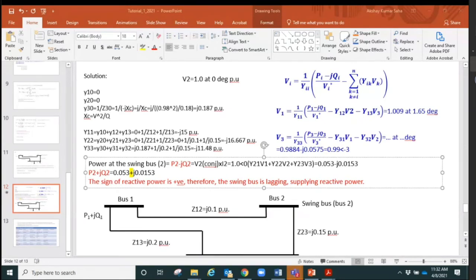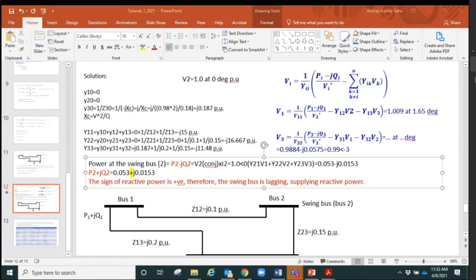Is everyone okay with this answer? Can you take note of what is written there on the screen? For the calculation of power at the swing bus, P2 minus JQ2 equals V2 conjugate I2, and then we get the answer in terms of P plus JQ, meaning P2 plus JQ2. We change the sign of Q2 from the original equation, P2 minus JQ2, and then we look at the sign.